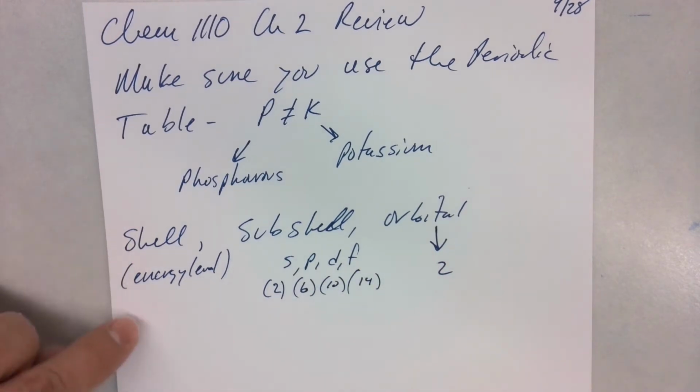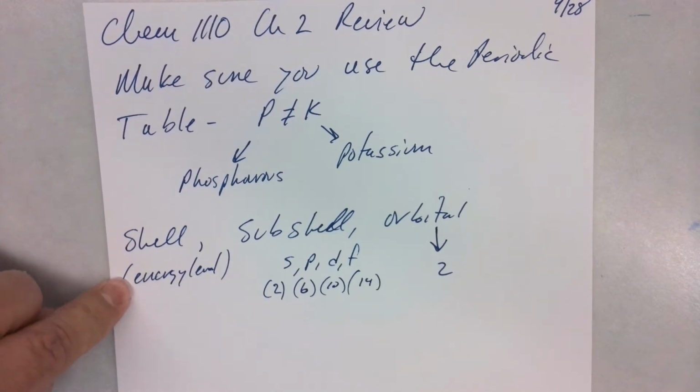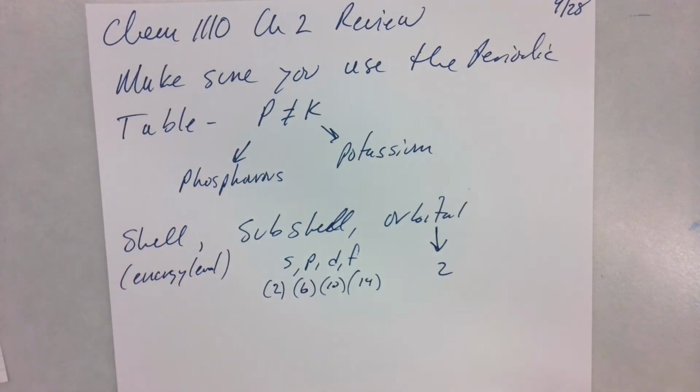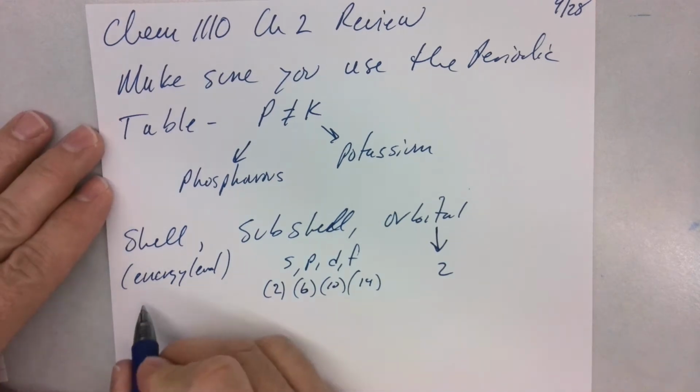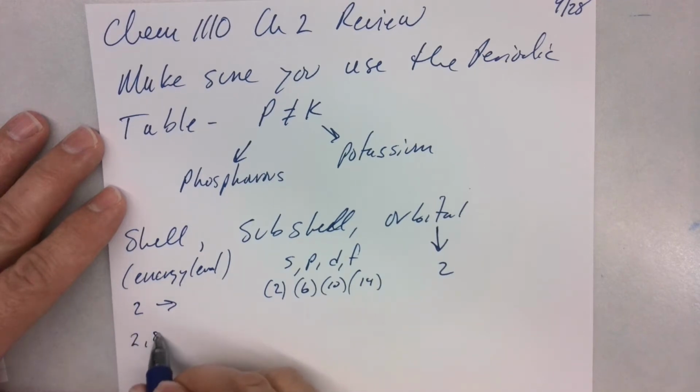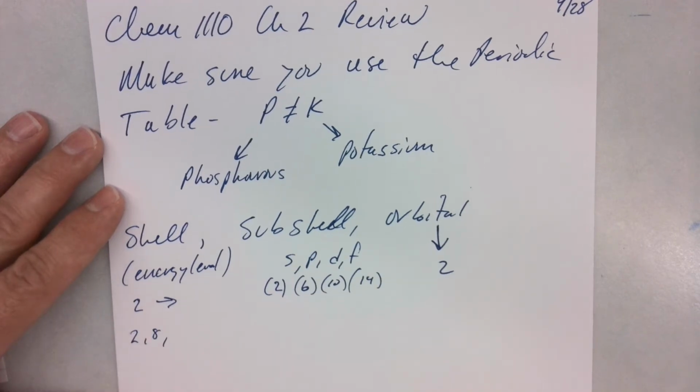Now, shells or energy levels, this now depends on the period it's in, right? Because the period determines shells or energy levels, right? And that really can go from 2 up to, what was the highest? 8? It actually goes 2, 8, 18, 32.